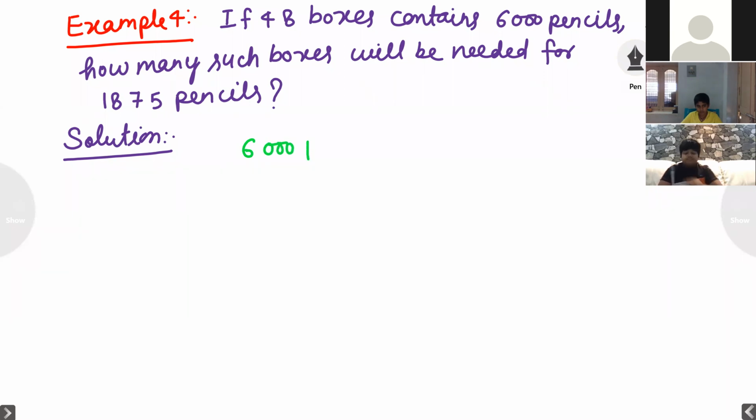6,000 pencils contain how many boxes? 48 boxes. I want to find out what one pencil contains.